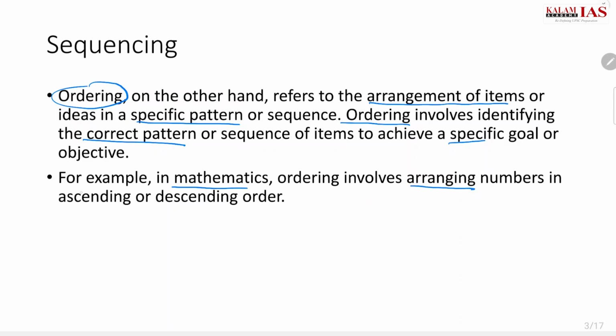So arranging in ascending order is one thing, and arranging in a specific order is another thing. Again, these things are very flexible. We don't have to focus too much on the definitions and details. Rather, we will solve questions and understand what logic has to be applied. These definitions are just for introduction and nothing important as such. Moving on.